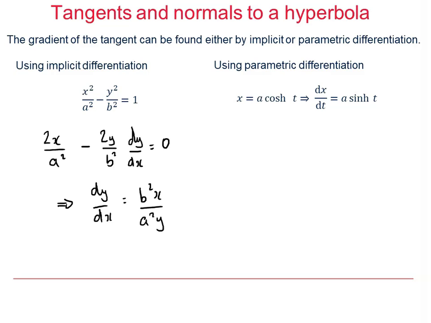Using the parameters a cos t and b sin t, x equal to a cos t gives us dx by dt is a sin t, and the other parameter, y equal to b sin t, gives us dy by dt is equal to b cos t.